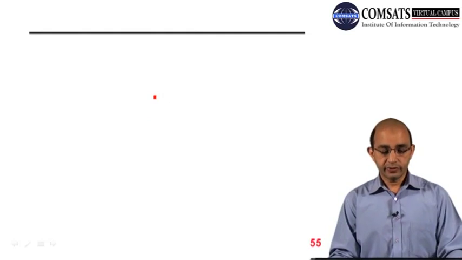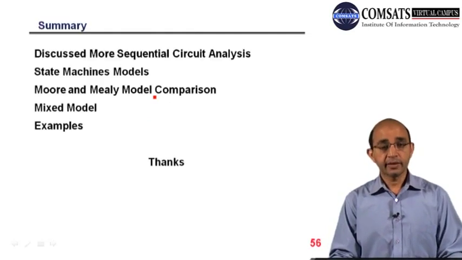So that's all for today's lecture. Today we have studied more sequential circuit analysis, and we talked about different state machine models. We have compared Moore and Mealy state machine models, and then we have seen an example where we used the mixed model.